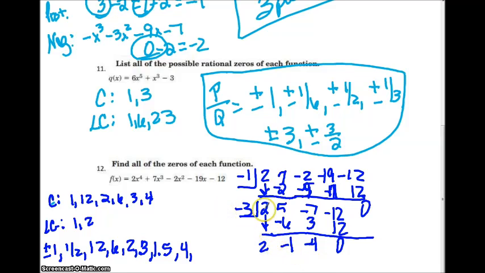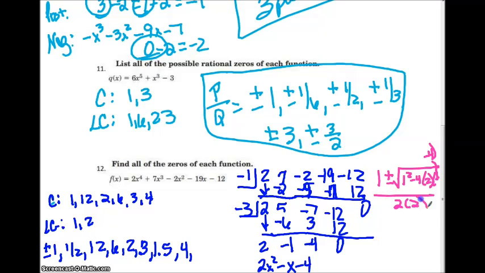What you could do is try the others, or you could say, I now have a quadratic. This is like saying 2x squared minus x minus 4. And you could either factor it, if it worked, or you could use the quadratic formula. So if I use the quadratic formula, it becomes 1 plus or minus the square root of 1 squared minus 4 times a, which is 2, times b, which is negative 4, all over 2 times 2.